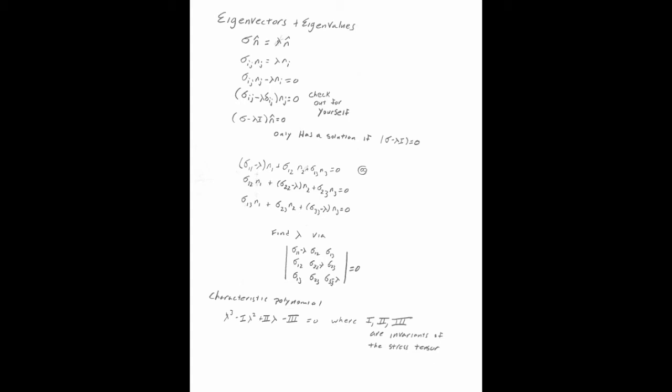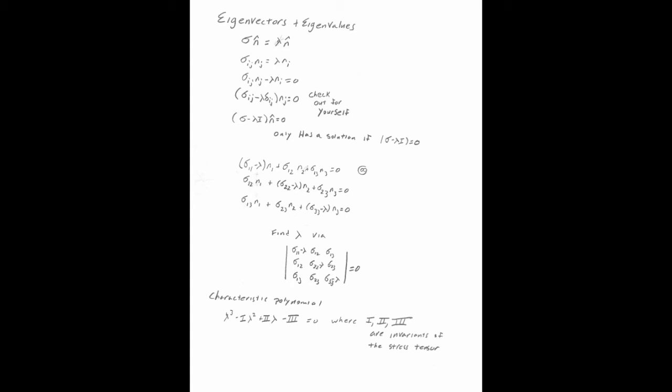And then I can pull the n out: sigma ij minus lambda delta ij, times nj, equals 0, or sigma minus lambda I, times n, equals 0.